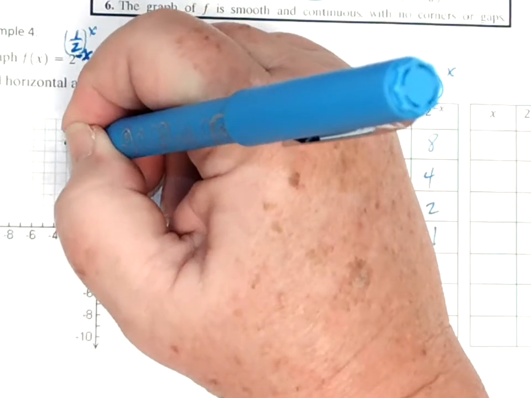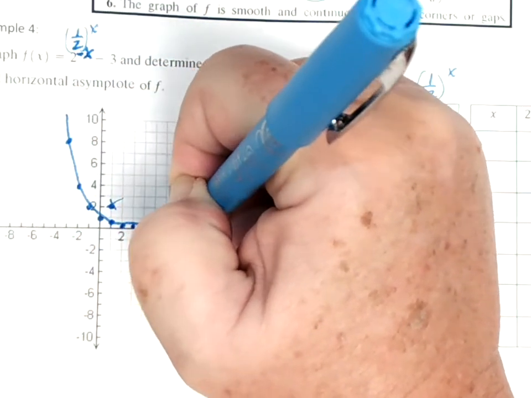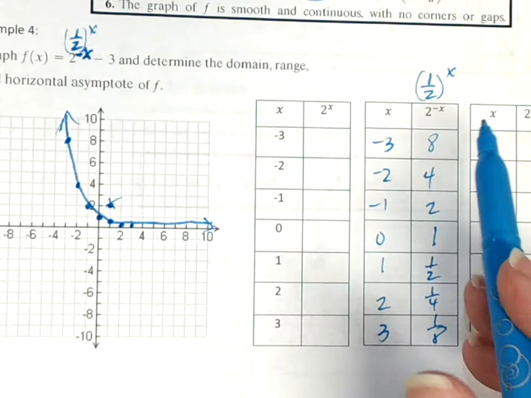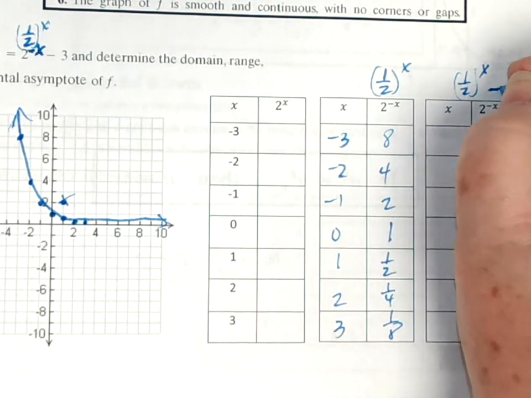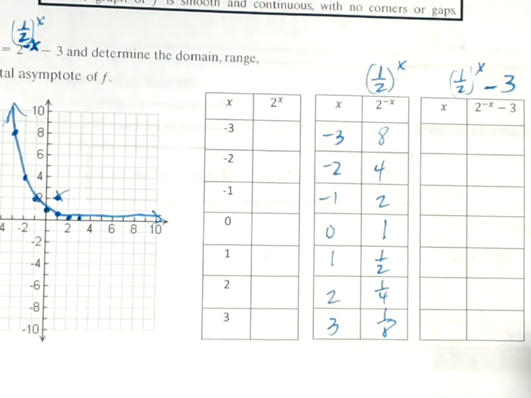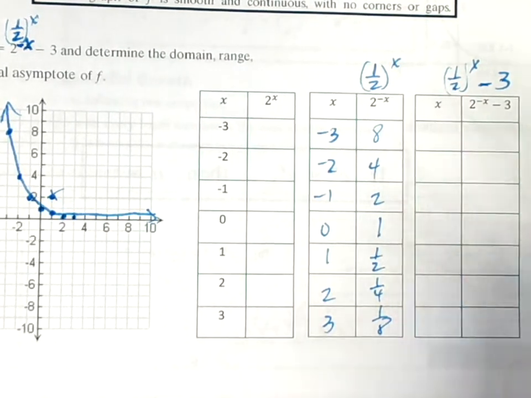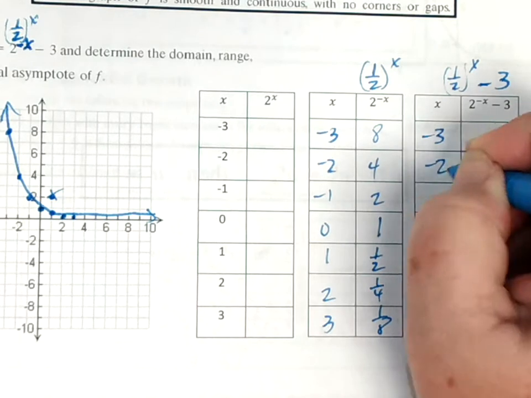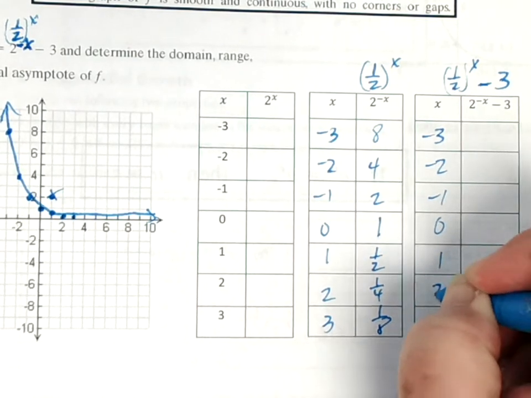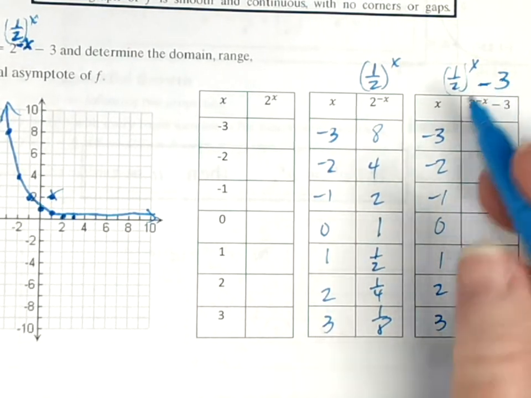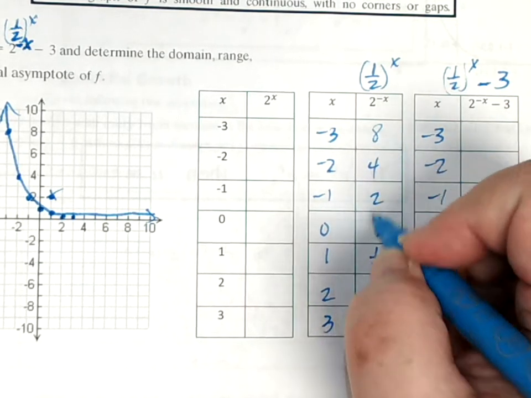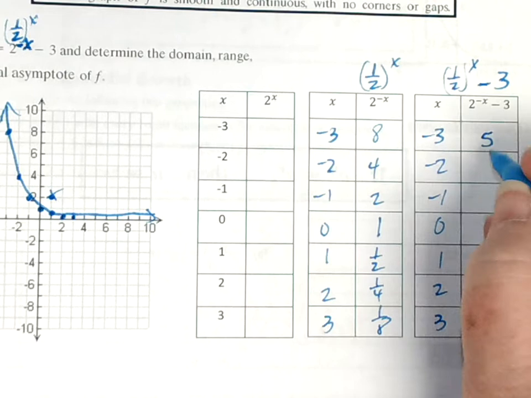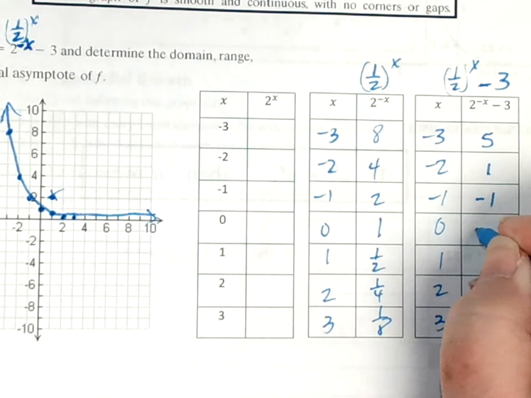So here is 1/2 to the x power. Now, if I'm going to take that function, 1/2 to the x, and move it down 3, what's affected? Well, it's not the x values that are affected. The x values are still going to stay the same. They have not changed. But the y values are going to drop 3. In other words, I'm going to take each y value and move it down 3 spaces.